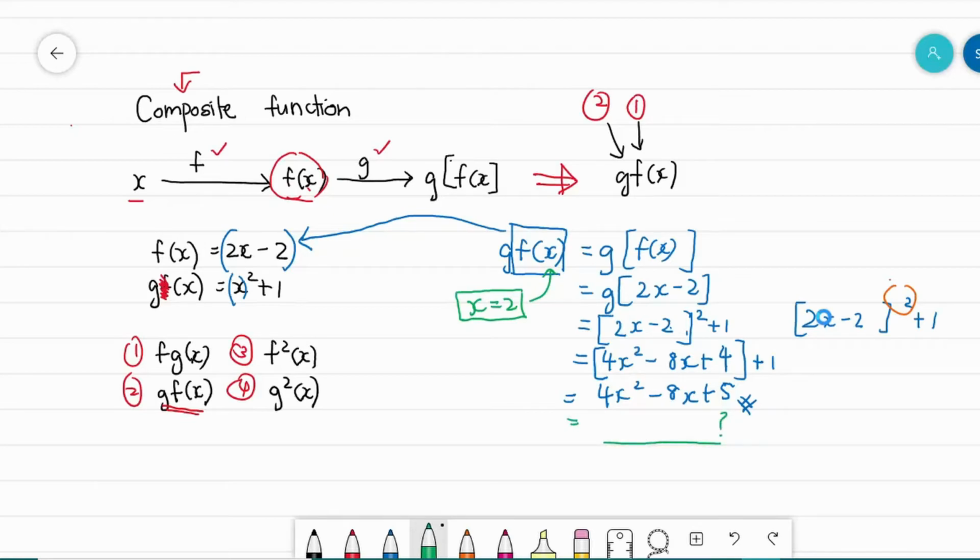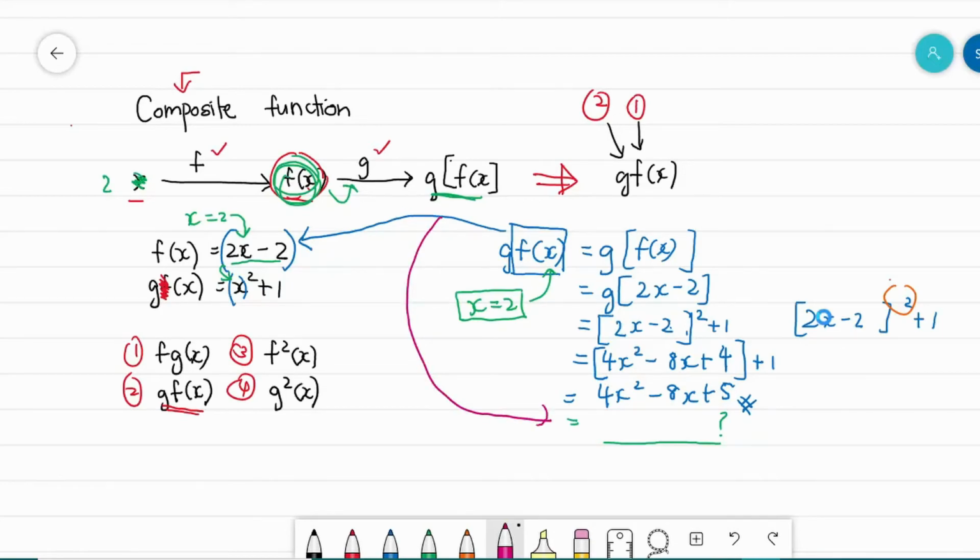Is it the same if I substitute x equals 2 into f first, and then substitute that value into g? If x equals 2 undergoes f, it will give some value, and this value substituted into g gives the other value, which should equal this one. So I'm going to prove it.